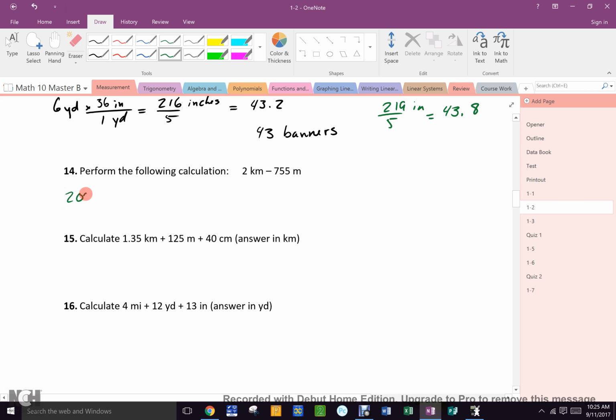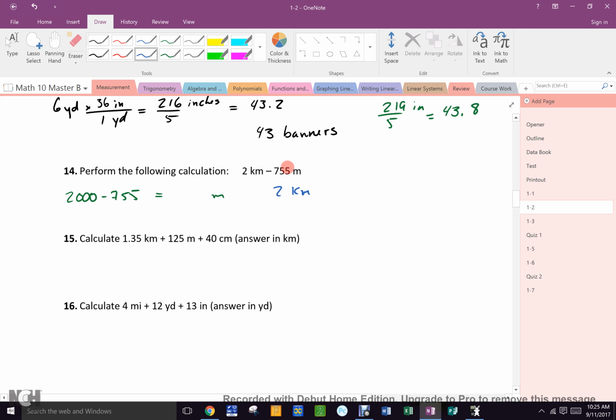It's either 2,000 minus 755. That'll get me meters. Or I can leave that as 2 kilometers, but what would I have to do to this guy? Change him to kilometers, which is 1,000, right?